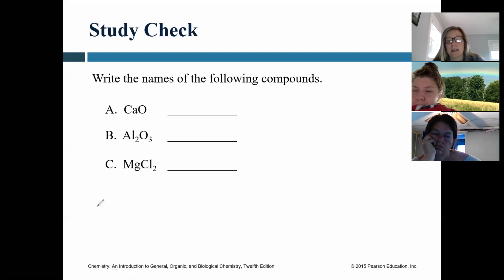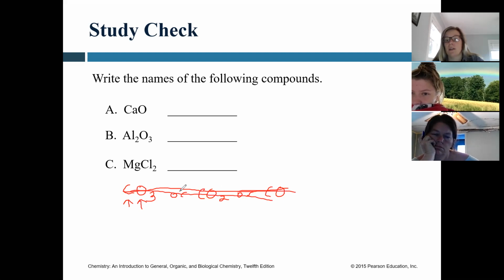If I was to write something like CO3, I would not be naming it carbon oxide because this is a nonmetal and this is a nonmetal. I could have CO3 or I could have CO2 or I could have CO. So when we have nonmetals, they have more varying possibilities because they share electrons. So we actually have to say how many of each we have. So this would not follow this system.